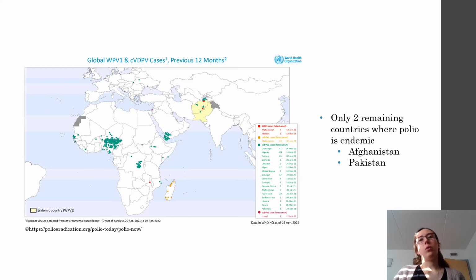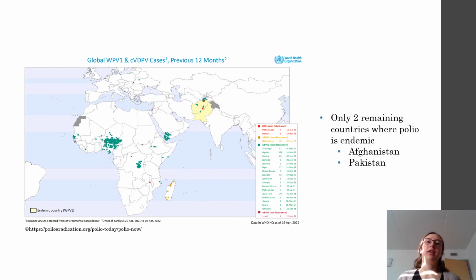So there are only 2 countries remaining where polio is endemic, and this is the wild type of polio. However, we still are seeing vaccine-associated paralytic polio in Africa, and scattered cases have been reported in Europe as well.